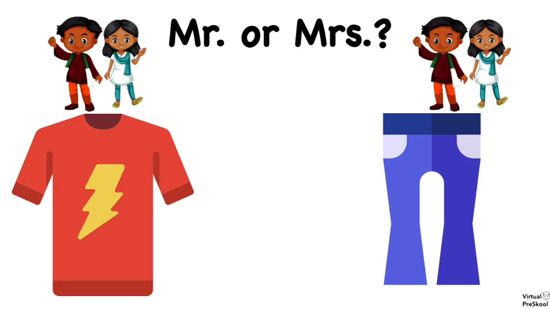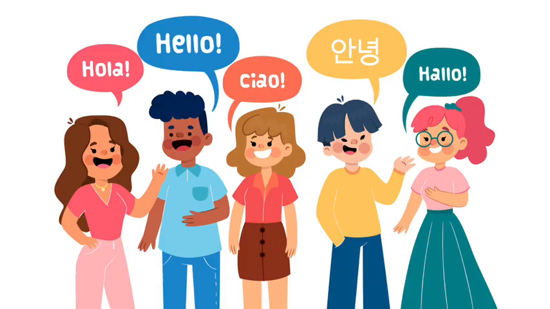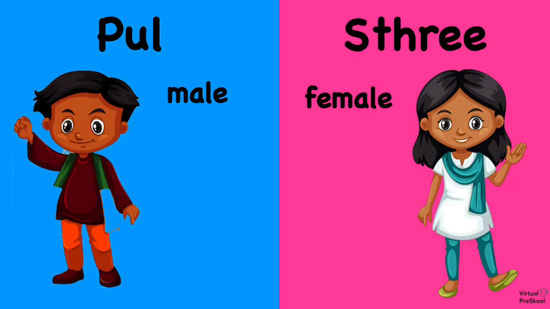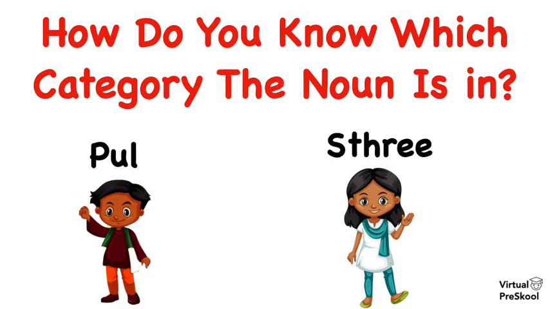And I know this seems confusing or maybe even kind of silly. But remember, every language of the world has its rules. And these noun categories are a part of Hindi. So now we need to ask ourselves, how do you know which category the noun is in? How do you know if the noun is a pull noun or if it's a stri noun?